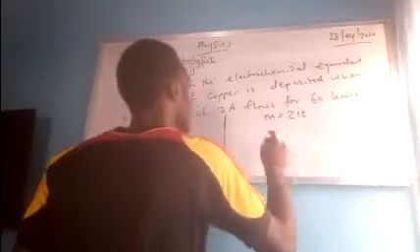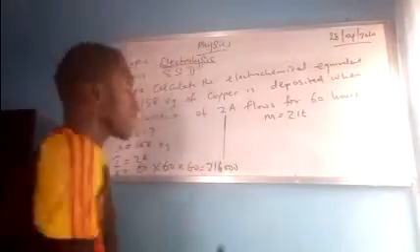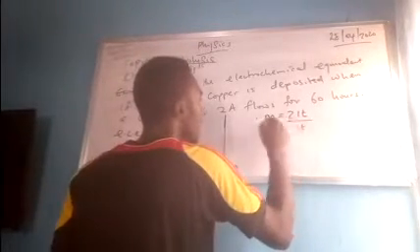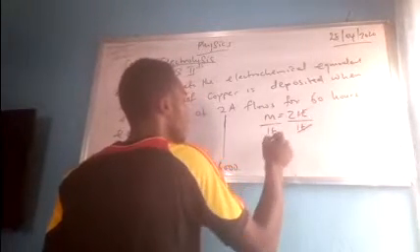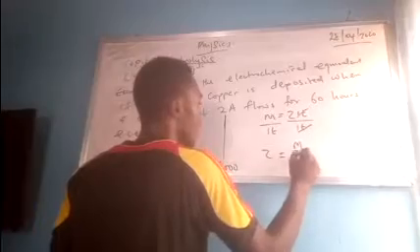From our formula, we have M is equal to ZIT. We're looking for Z. So making Z the subject of the formula, we divide by IT. This cancels this, so Z is equal to M over IT.